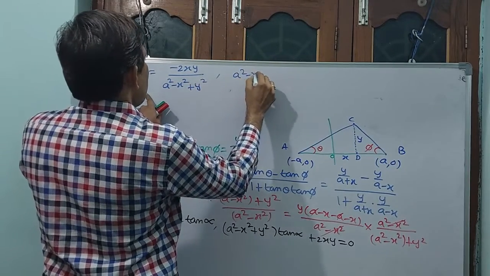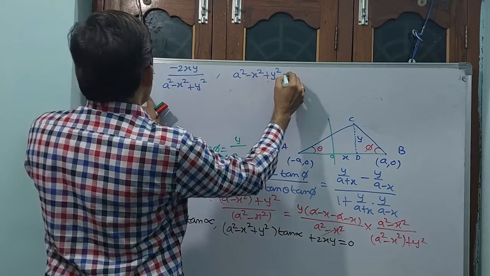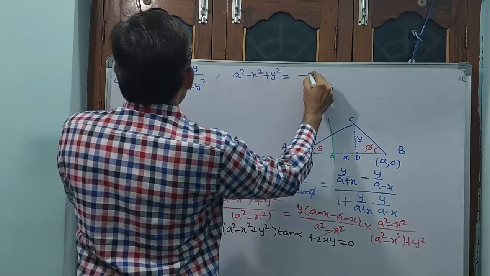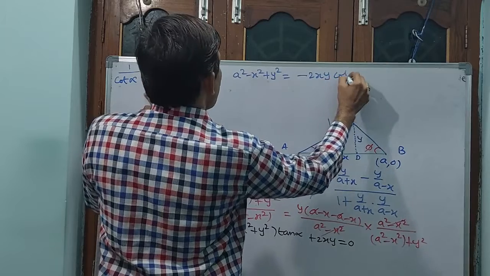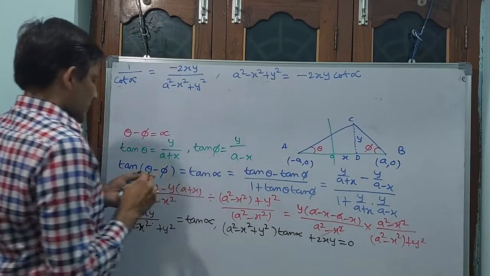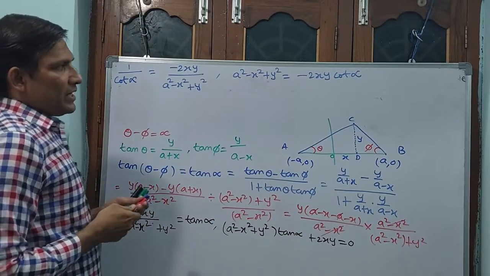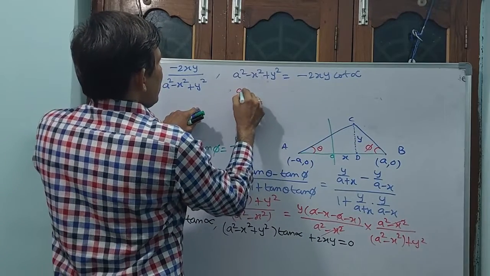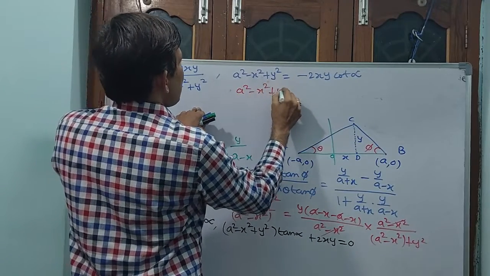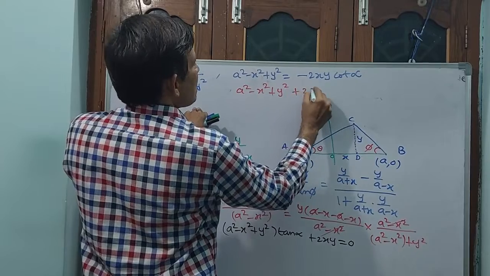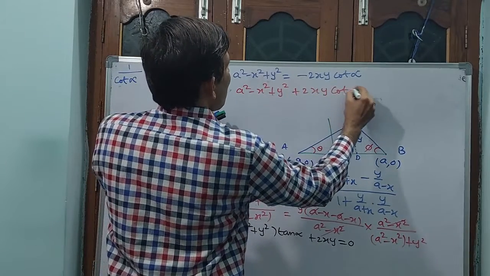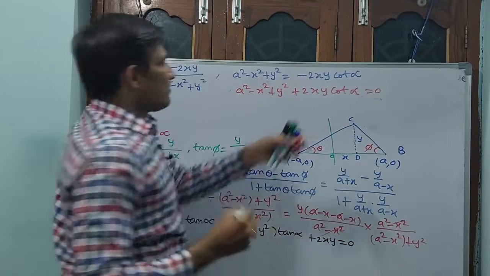A square minus x square plus y square is equal to minus 2xy cot alpha. Then you bring all to one side. A square minus x square plus y square plus 2xy cot alpha is equal to 0. This will be the answer.